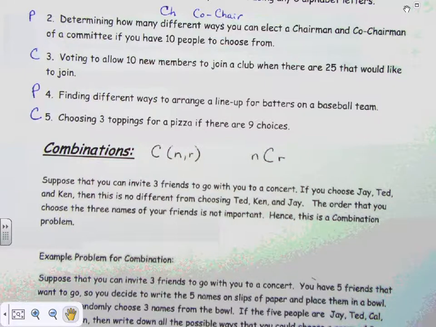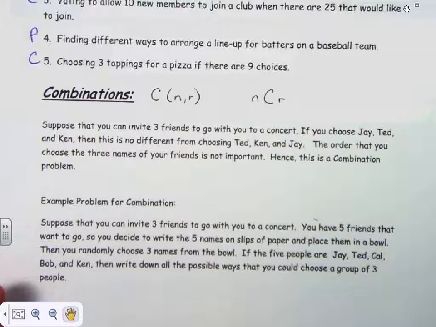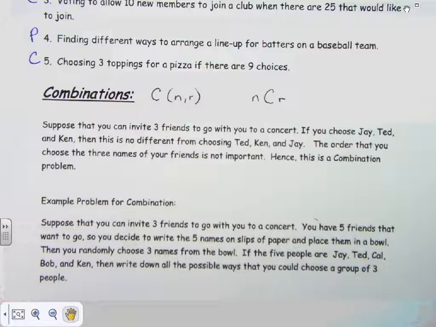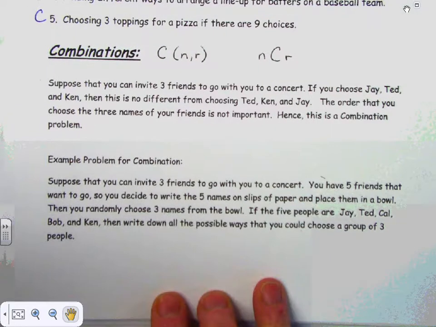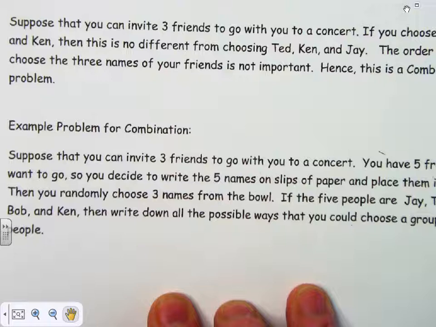Now, it says, suppose you invite 3 friends and you have 5 that you're going to choose from. All right? And so you're going to write on a slip of paper all the names and then put them in a bowl. And then you're going to randomly choose the names from the bowl.